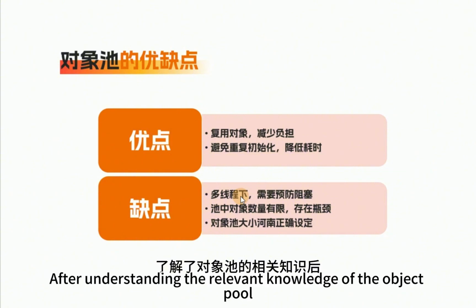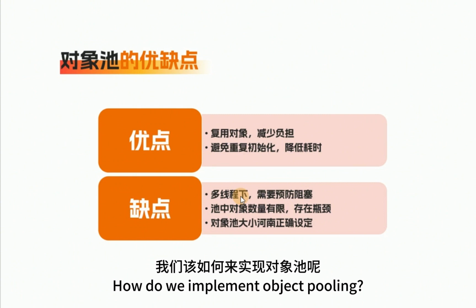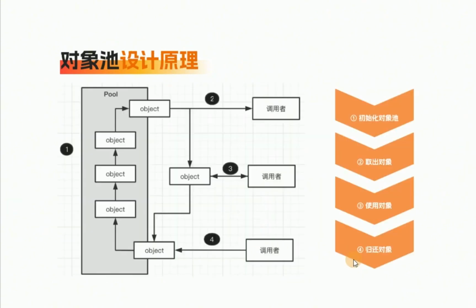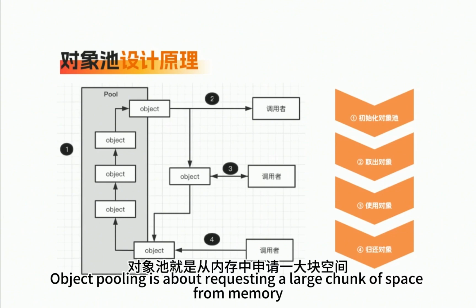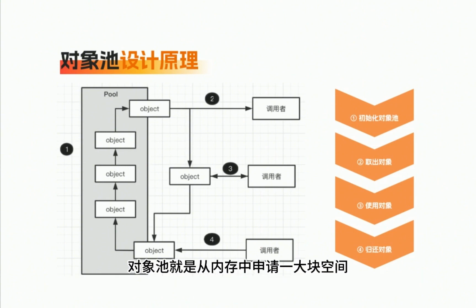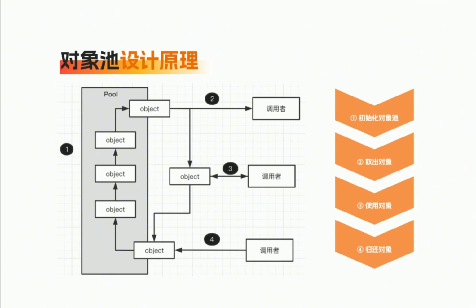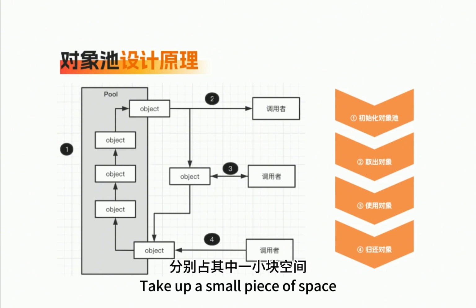After understanding the relevant knowledge of the object pool, how do we implement object pooling? Let's take a look at the design principle of the object pool. Object pooling is about requesting a large chunk of space from memory, then building objects in this memory space, each taking up a small piece of space.